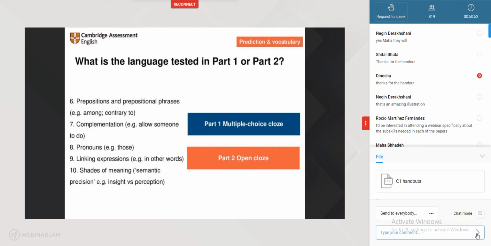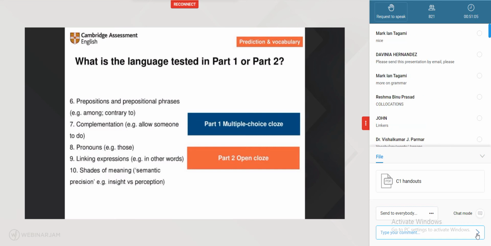Prepositions, prepositional phrases, complementation, pronouns, obviously in quite a developed way, linking expressions, and really at C1, shades of meaning begin to become more apparent, definitely in the more reading-focused areas, but also in the open cloze and multiple-choice cloze.